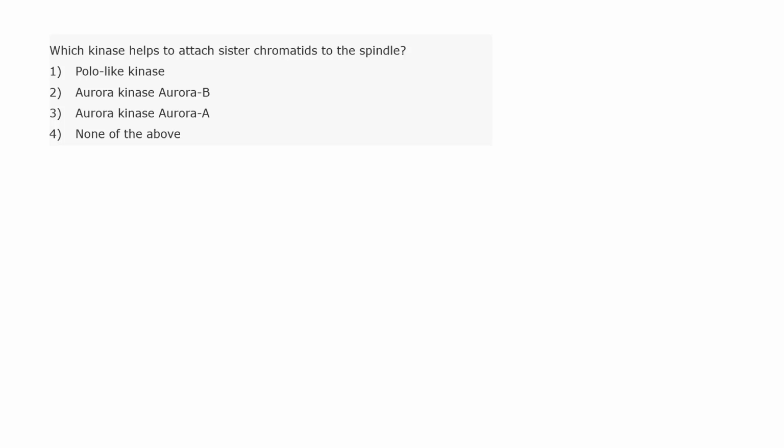Okay. So, which kinase helps to attach sister chromatids to the spindle? Polo-like kinase, Aurora kinase Aurora B, Aurora kinase Aurora A, or none of the above? Which might be the answer?